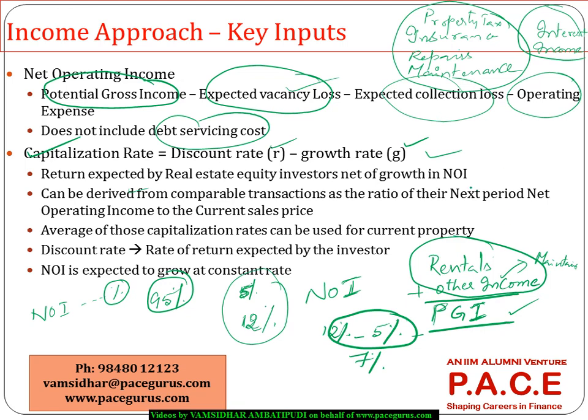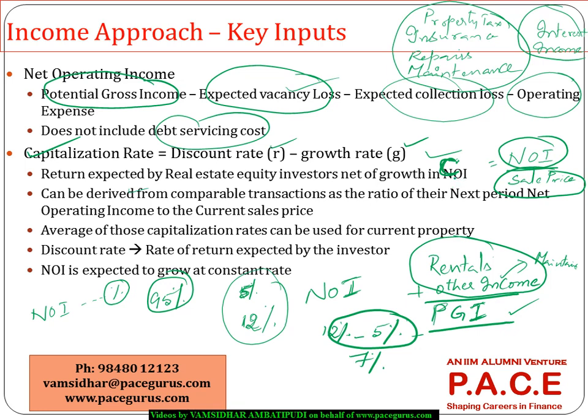How do I get it for a comparable transaction? Just look at their next period expected NOI divided by the sale price. That gives me the capitalization rate for each of those comparable properties.